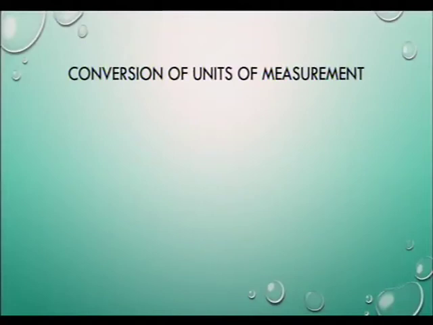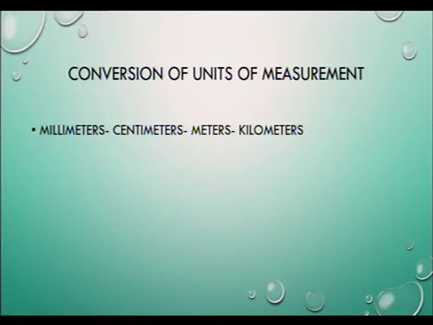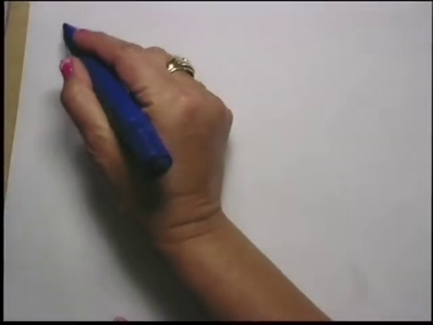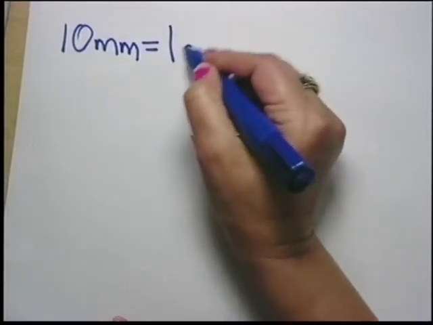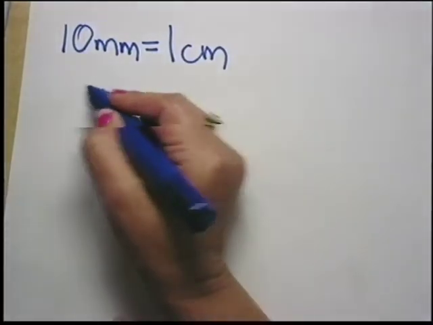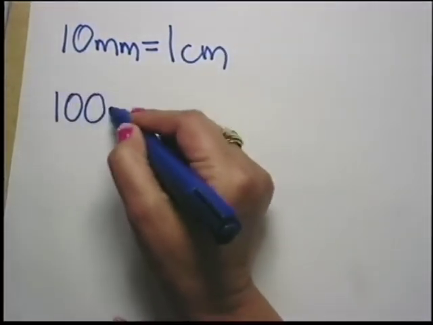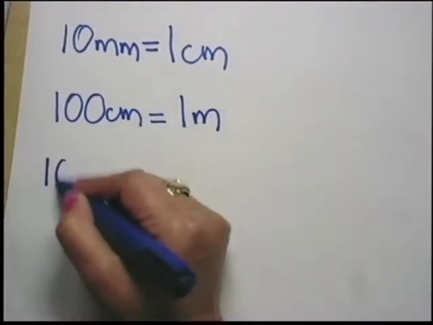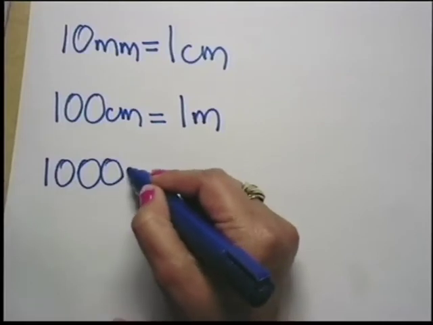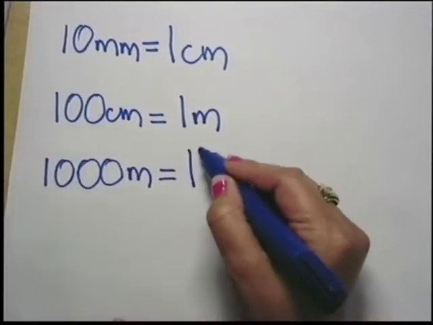When it comes to conversion of units of measurement, millimeters, centimeters, meters, and kilometers, I work with what I already know. What do I know? I know that 10 millimeters equals 1 centimeter, 100 centimeters equals 1 meter, and 1,000 meters equals 1 kilometer.